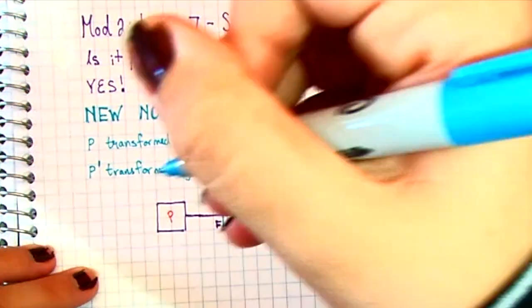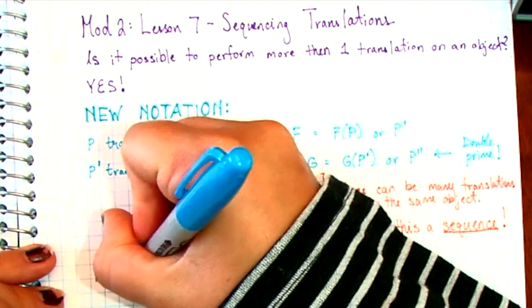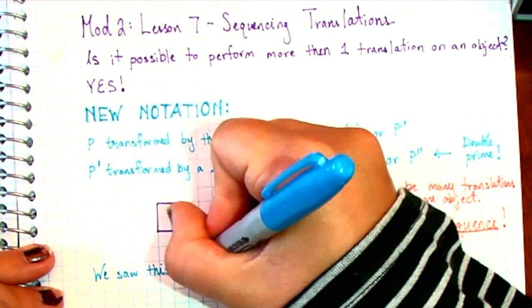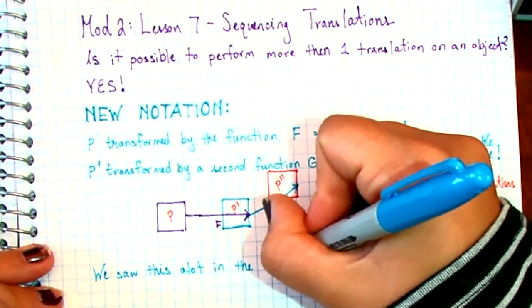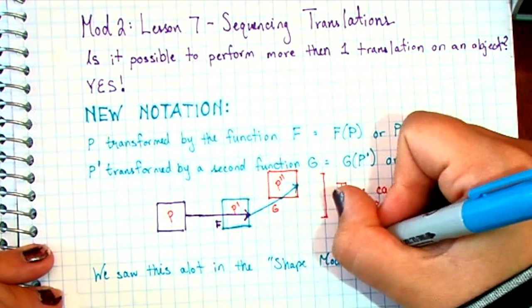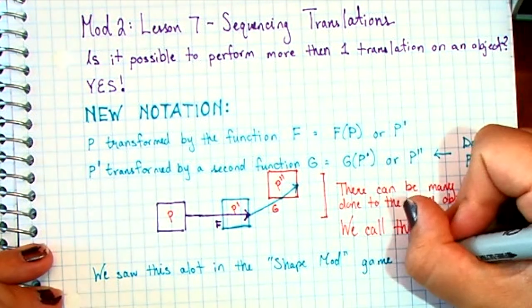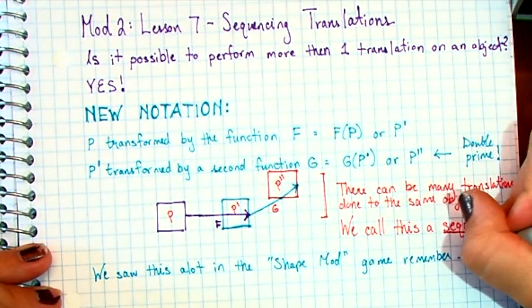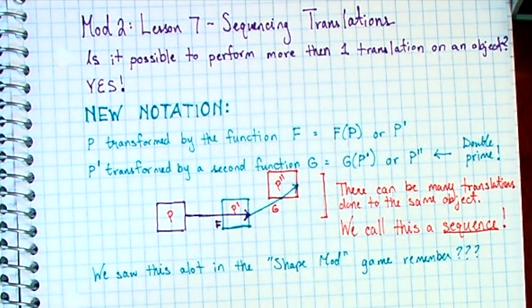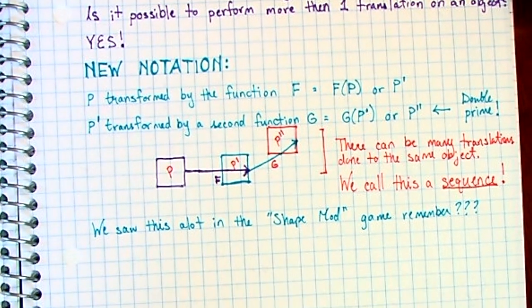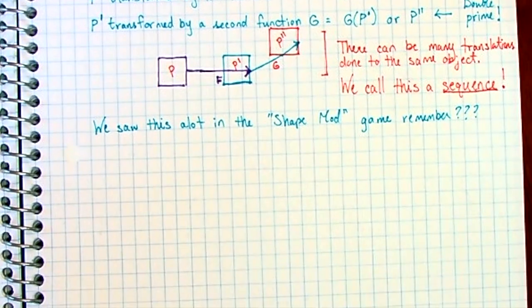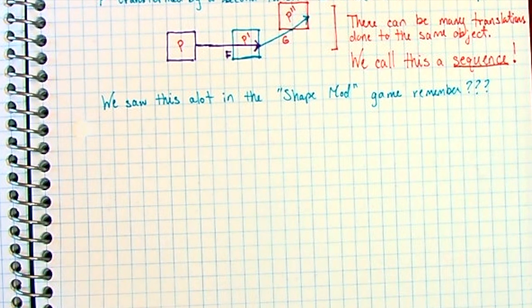Now, just as a reminder, we saw some of these kinds of transformation sequences when we played the Shape Mod game to prepare for our quiz. A lot of times you had to use more than one step to get from the original shape to the transformation or that shape prime, and we used several steps to do that.